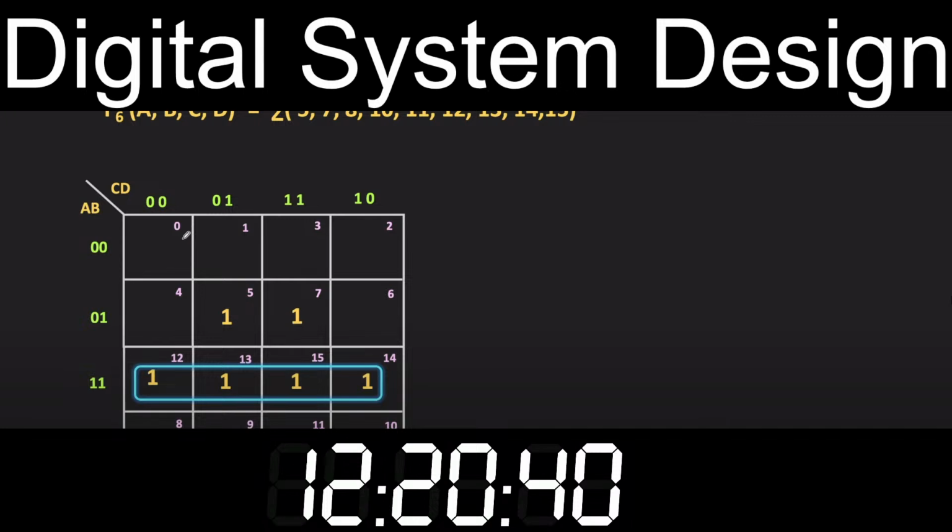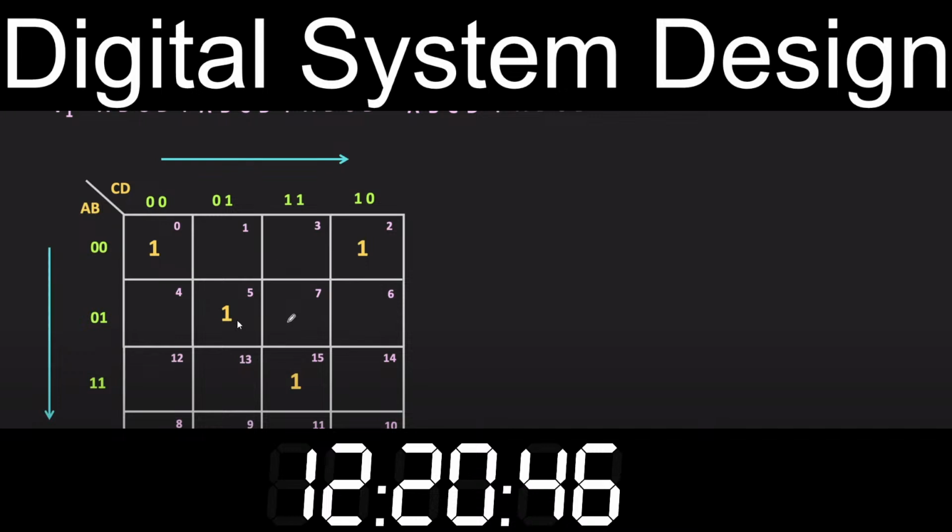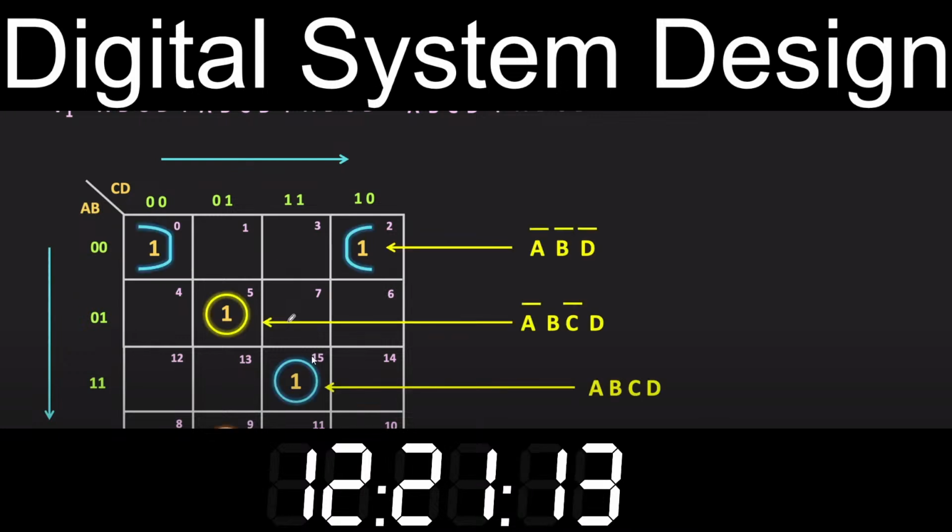Now, first of all, using the K map, we can make the group of this D. Likewise, this one corresponds to A dot B dot C dot D. And similarly, the last one corresponds to A dot B bar dot C bar dot D.